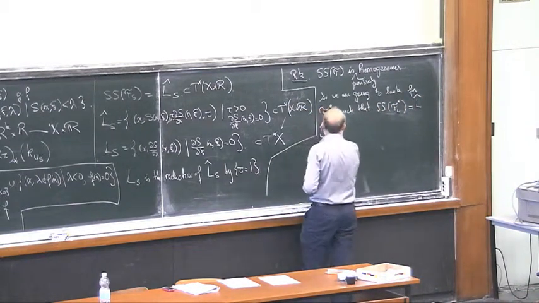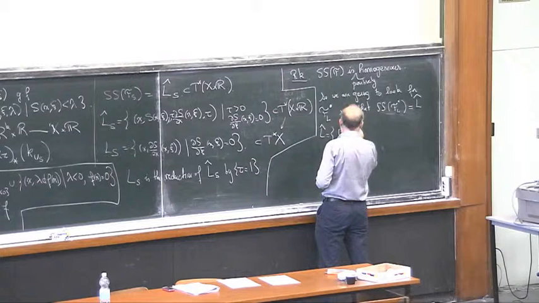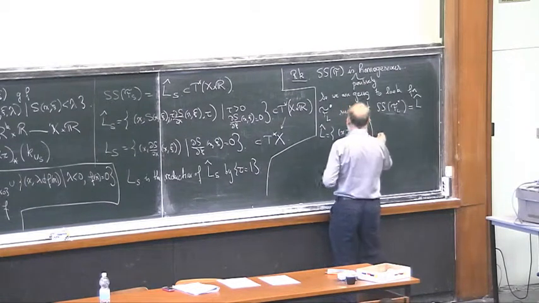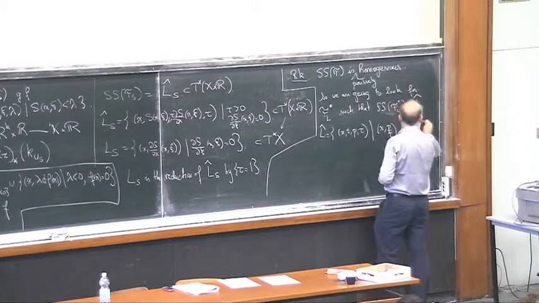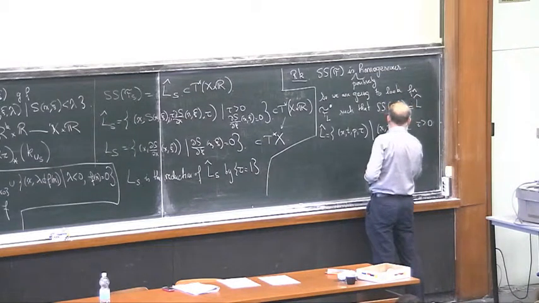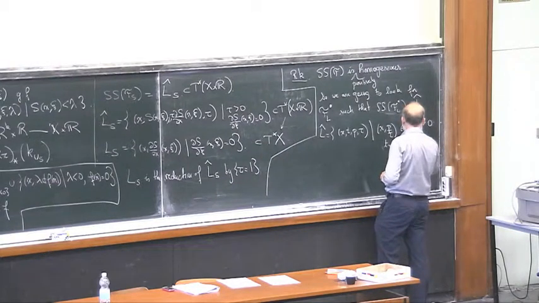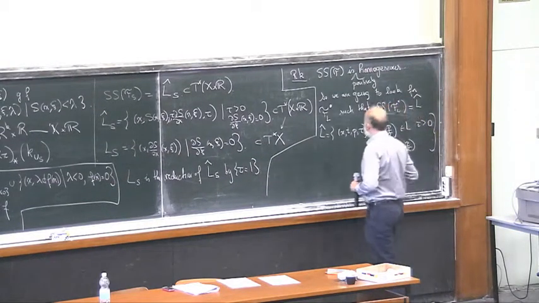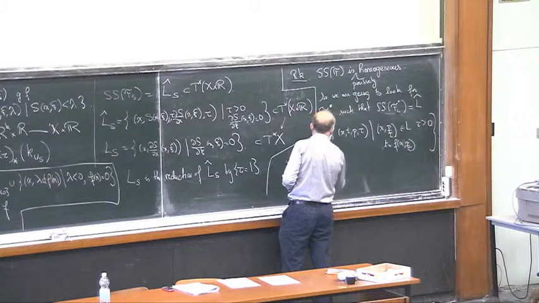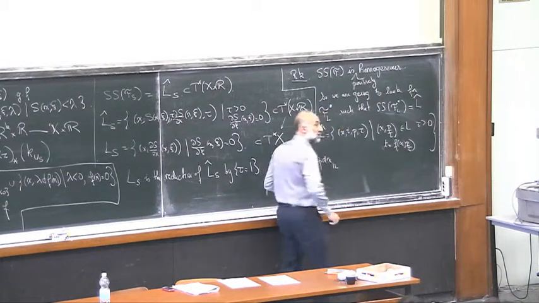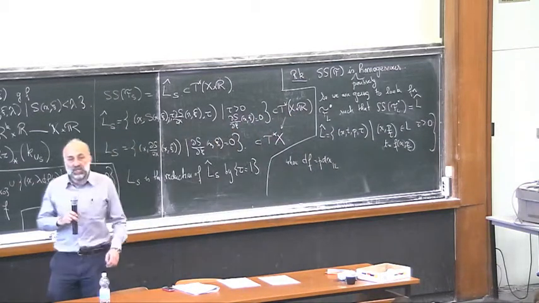And here L hat is just the set of (X, T, P, tau) such that (X, P over tau) belongs to L, tau is positive, and T is equal to f of (X, P over tau), where small f is such that p dx over L, the Liouville form over L, is exact, so it's the differential of some function f.